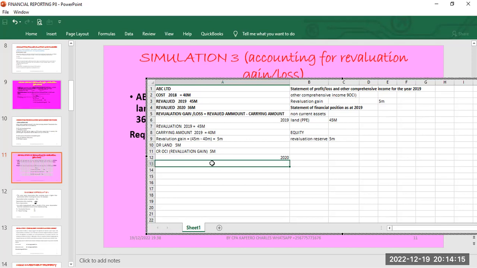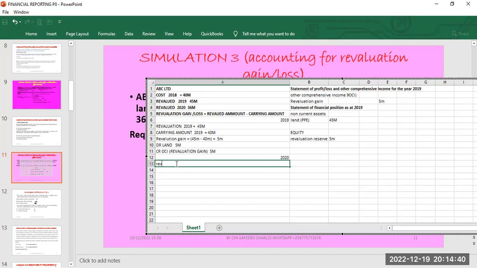They told us the land was revalued in 2020 and the amount was 36 million. It means there, this one we had 45, but at the end of 2020, we have 36 million. So it means we had a loss.